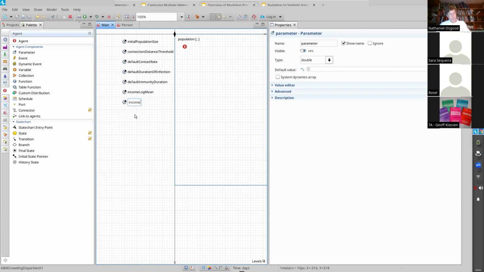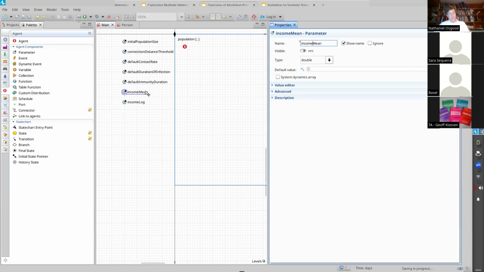Well, I'm going to just call it income mean. Income mean. Mean income. I'll call it income mean. And I'm going to call it income standard deviation.